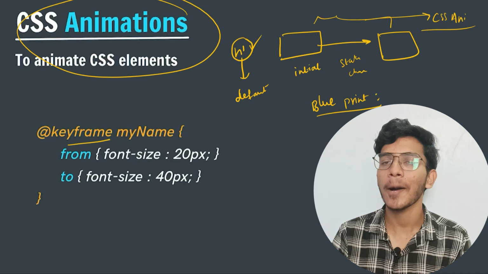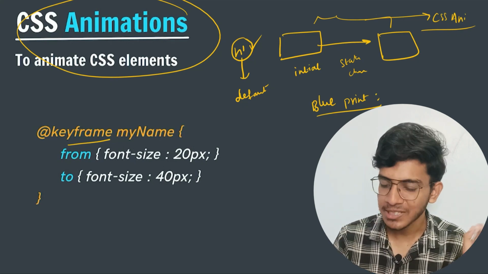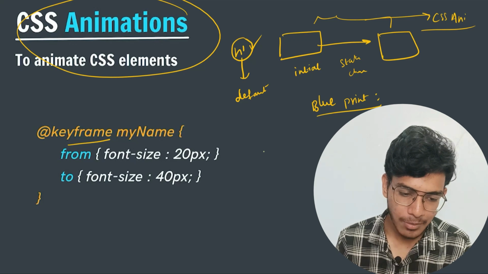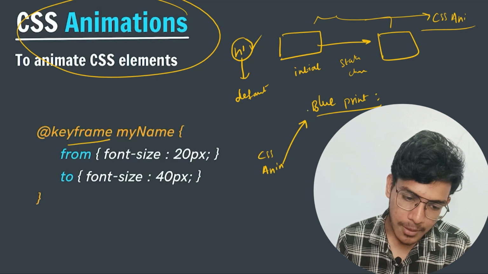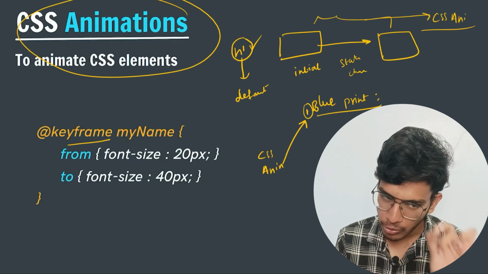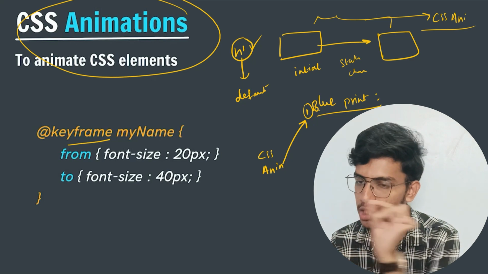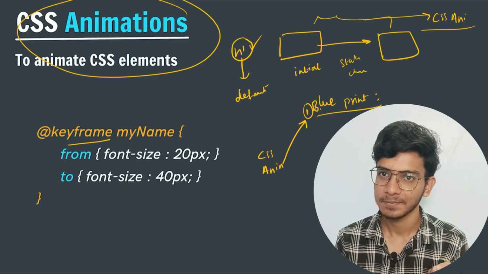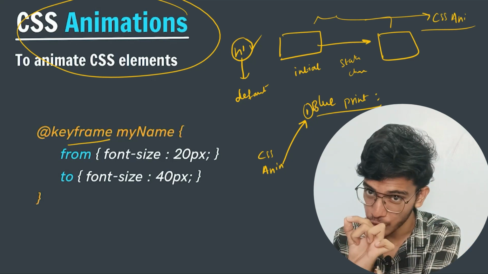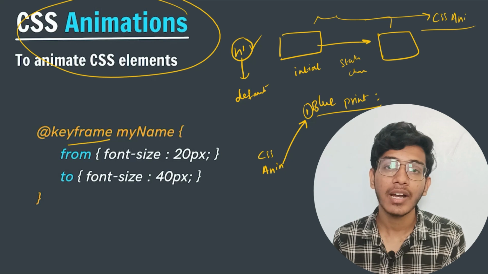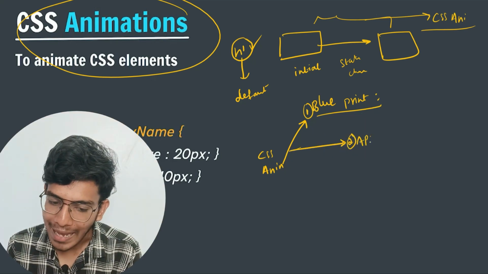After that we will apply the animation. So the first step of CSS animation is the blueprint. First of all, we will define what will happen when this action takes place, how the state of a particular item is going to change. We will define the blueprint, and after that we will apply our animation.